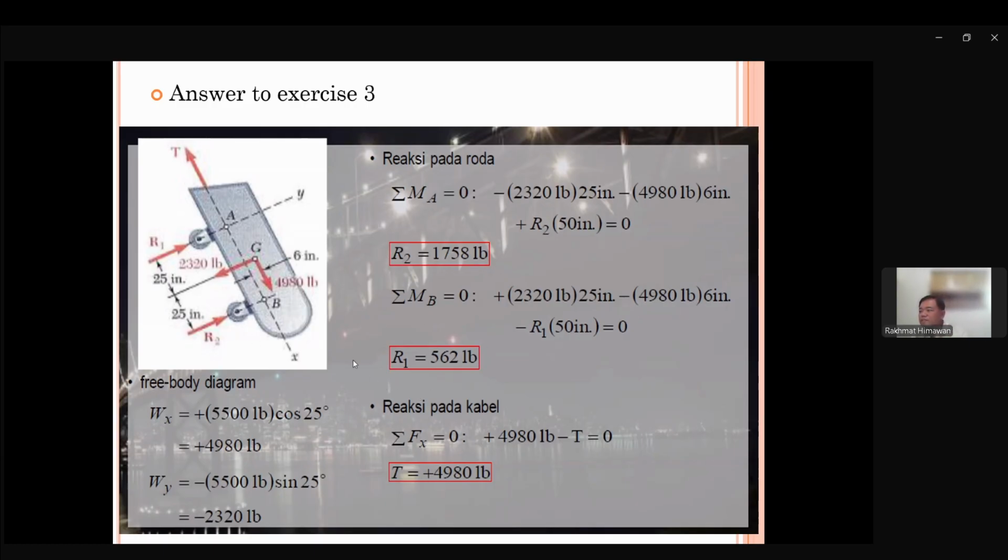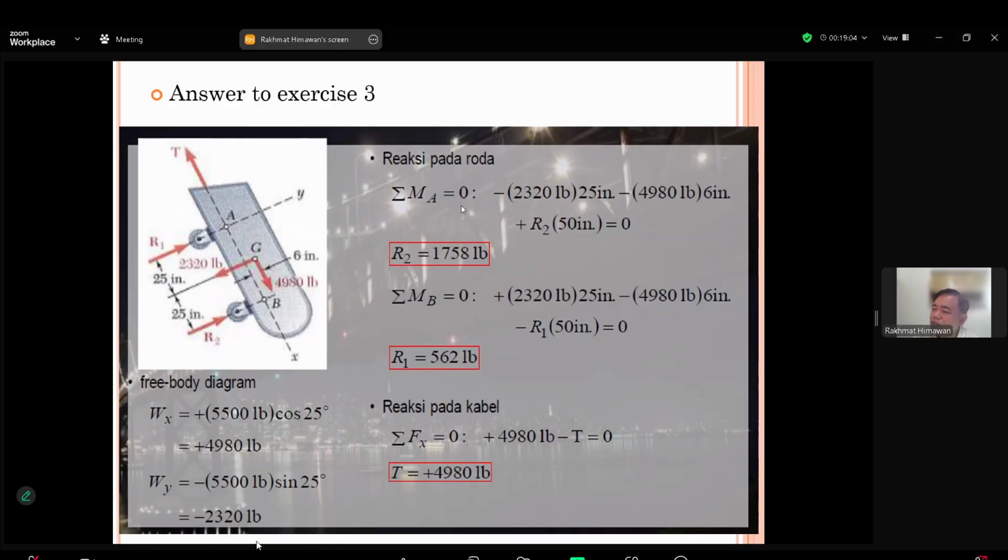But here we start with the moment. You can start with anything, but if you practice long enough, you might get a hint. If it's moment, which point? It depends on which one you're looking for. First, we need to find out R1 and R2. So how can we find out? Let's start with point A in this case.